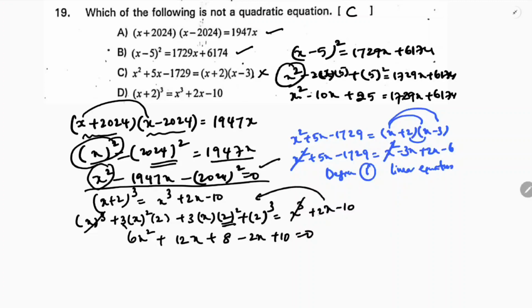If we transpose, you'll get 6x square plus 10x plus 18 equals 0. Degree is 2. So this is also a quadratic equation.